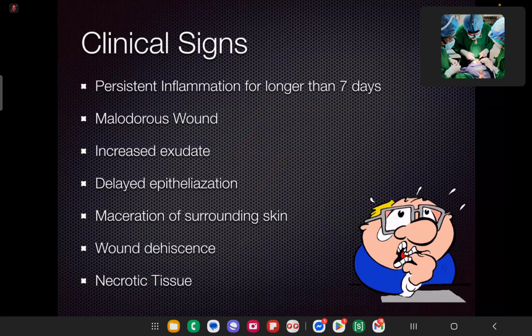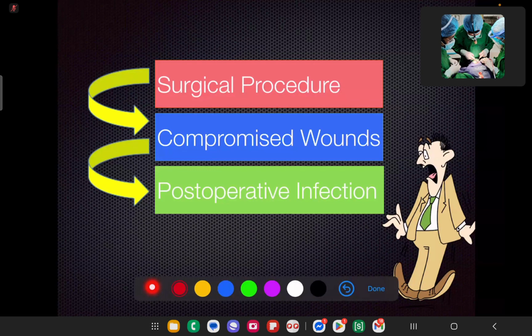These compromised wounds happen because, number one, of an issue with the surgical procedure. Either the surgical procedure is not clean enough, or there are violations of the principles of surgery, and that would develop into a compromised wound. And because of the issues of a compromised wound, it gets into a post-operative infection.